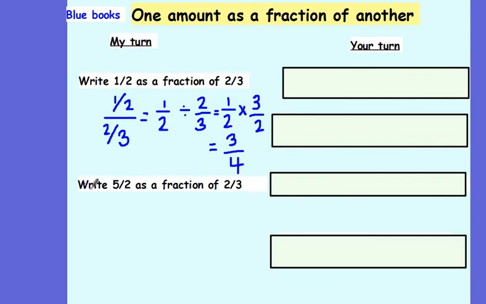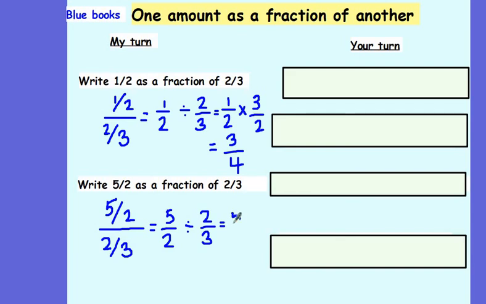Let's do another. How about if I've got 5 halves as a fraction of 2/3. Again, let's write it as a division. 5/2 divided by 2/3. Keep flip change.